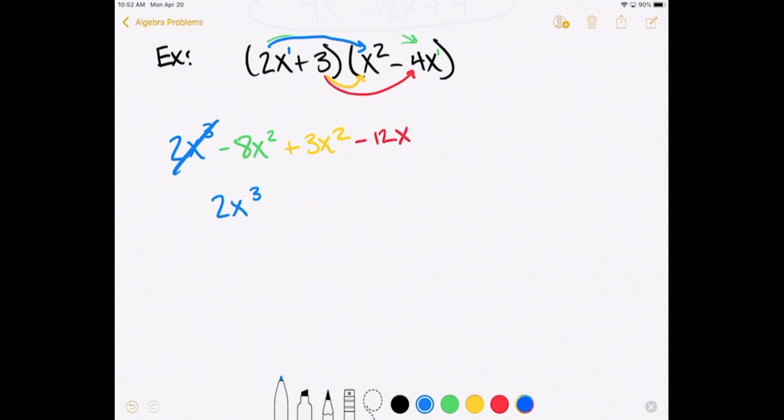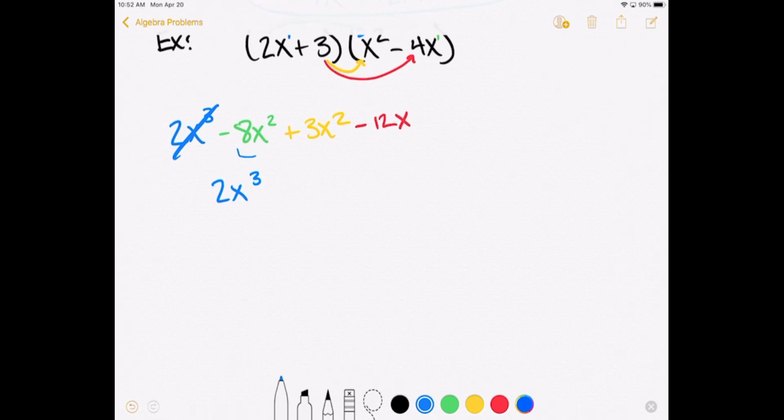There are no more x cubes in here. But I have a -8x squared and a positive 3x squared. I can combine those. They're both x squareds. They're like terms. So that's -5x squared. Again, don't change powers when you add or subtract when you're combining like terms.